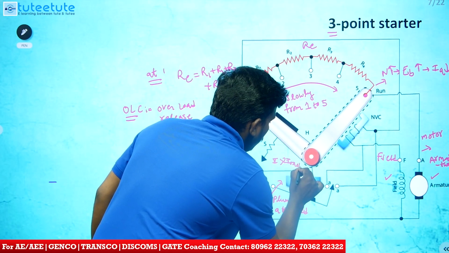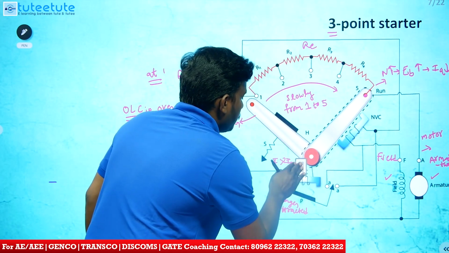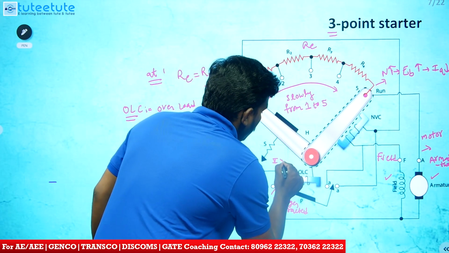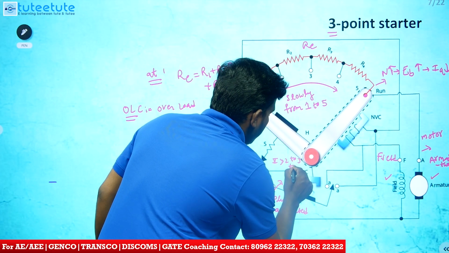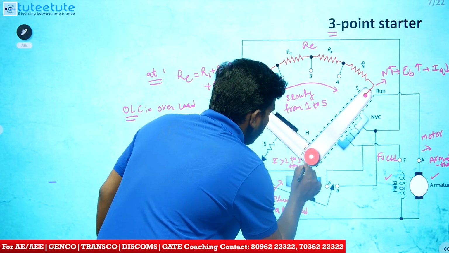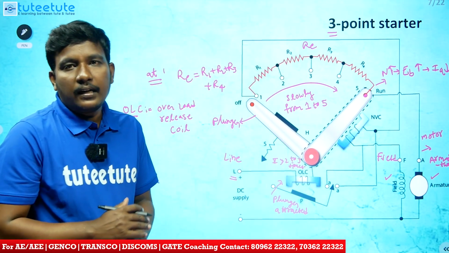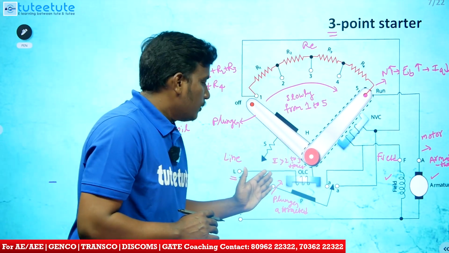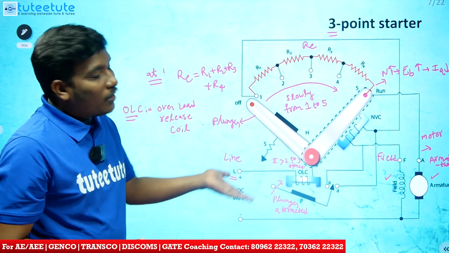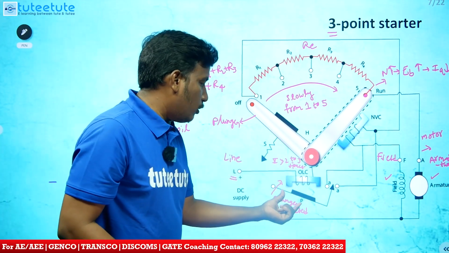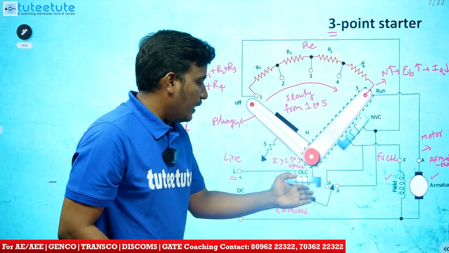I take 2 times only as an example, not exactly; sometimes it may be 2 to 3 times. For safe operation of our motor, this overload coil is designed to allow only a current up to 2 to 3 times into the motor. If it is more than this, the OLC acts as an electromagnet and the plunger gets attracted.